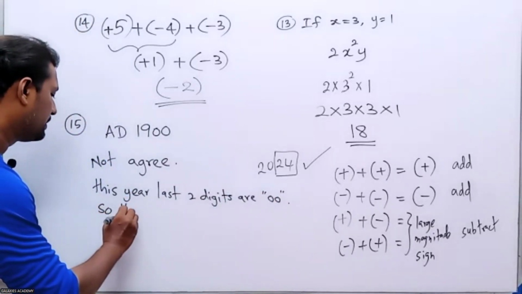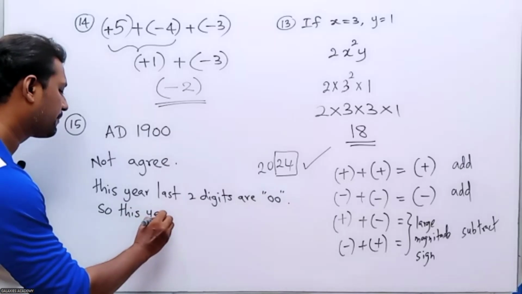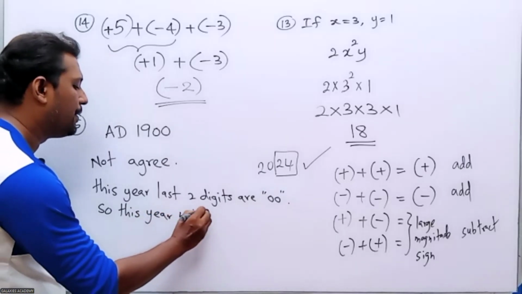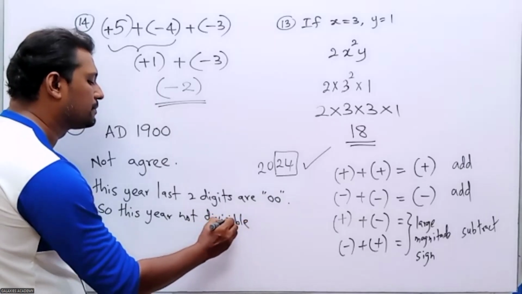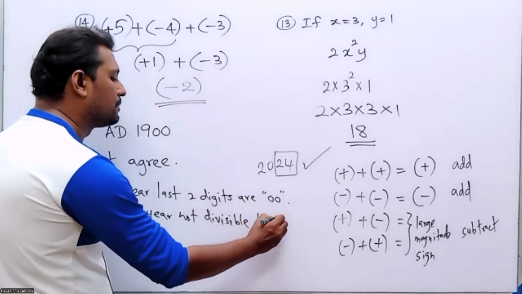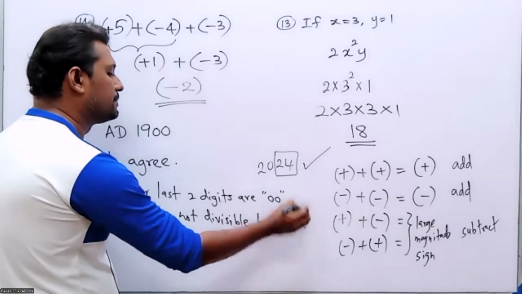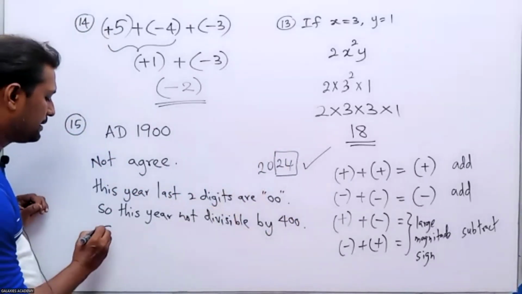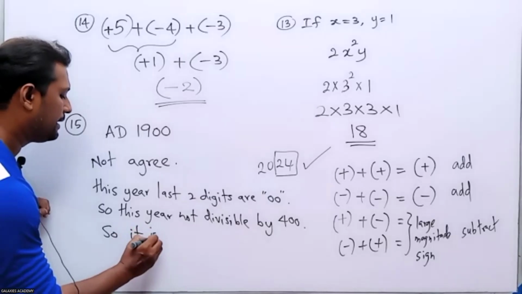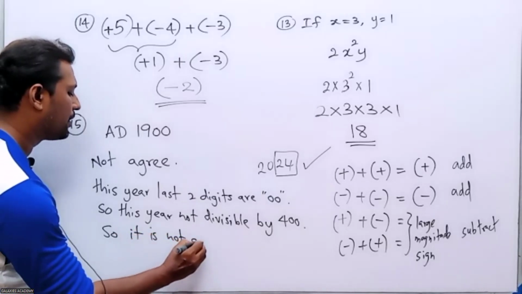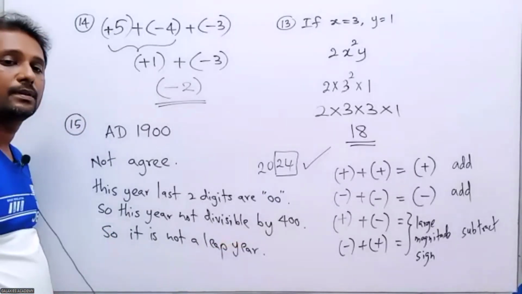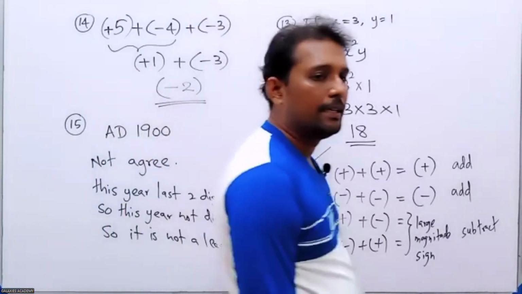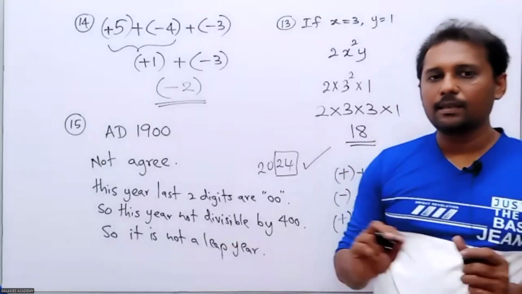So this year is not divisible by 400, right? So it is not a leap year. It is not a leap year, right? Little bit explain.